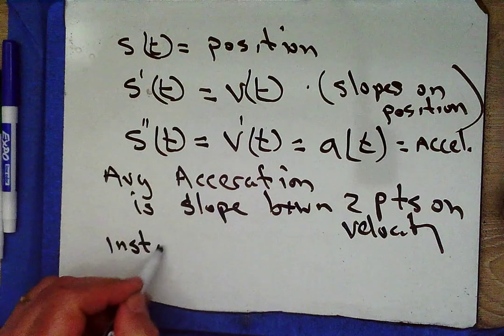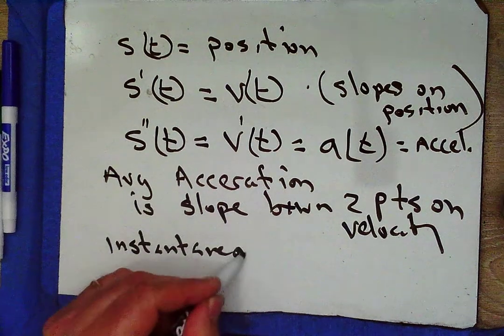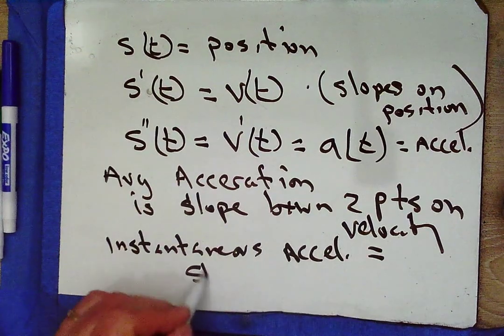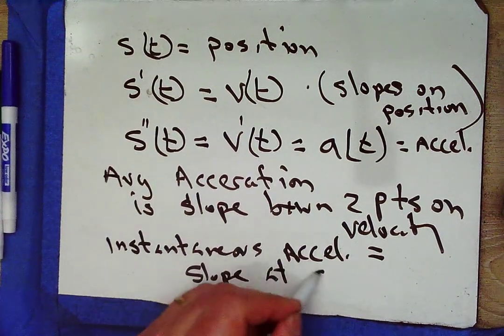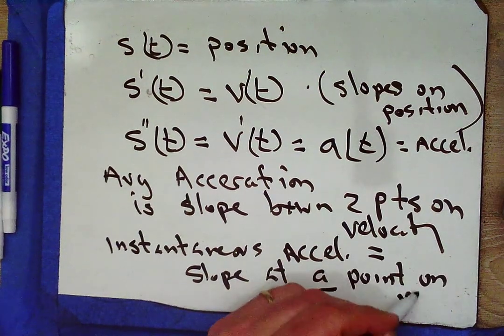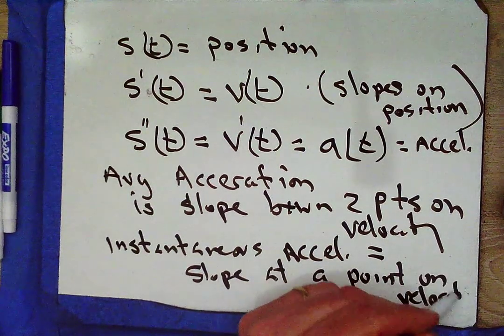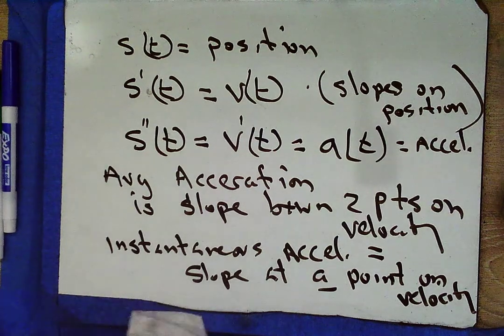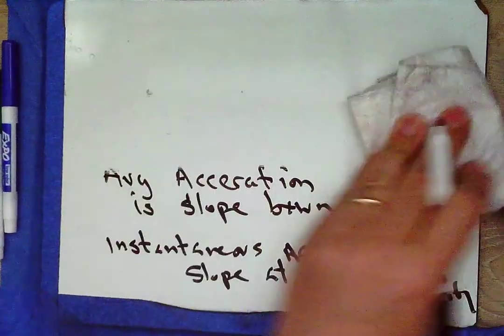Instantaneous acceleration is going to be the slope at a point on velocity. Okay, so that's a whole lot of vocabulary for us. But like I said, we're going to be doing an awful lot with this vocabulary. So it's good for us to start to get it.